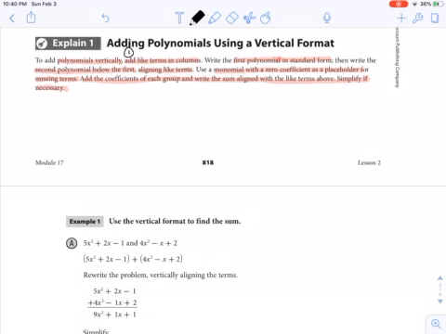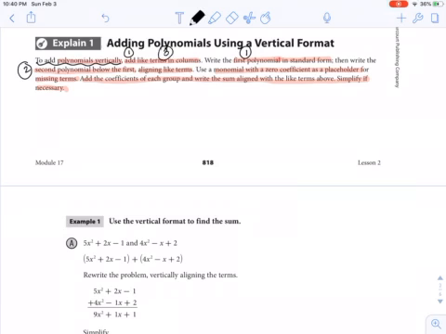Okay, so I'm going to go through and I'm actually going to say the first thing that we want to do is we want to add like terms. But before we do that, because this is just in general, to add polynomials, the very first thing we do is we write the first polynomial in standard form. The second thing we do is write the second one, and then we would actually add like terms.